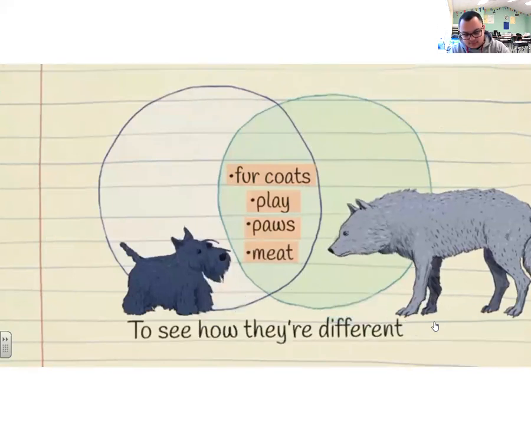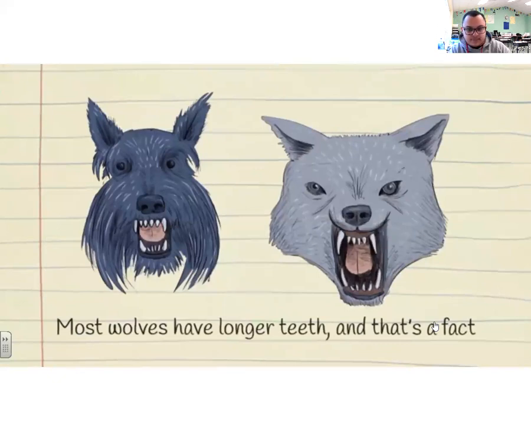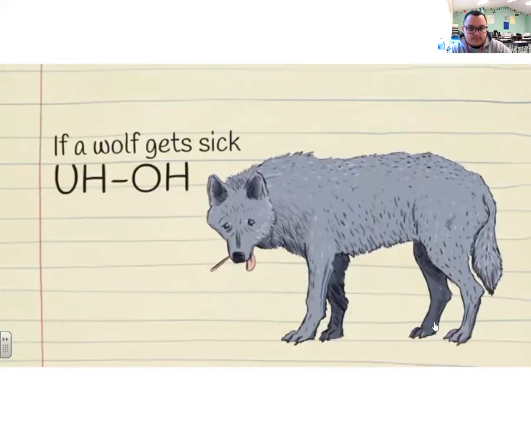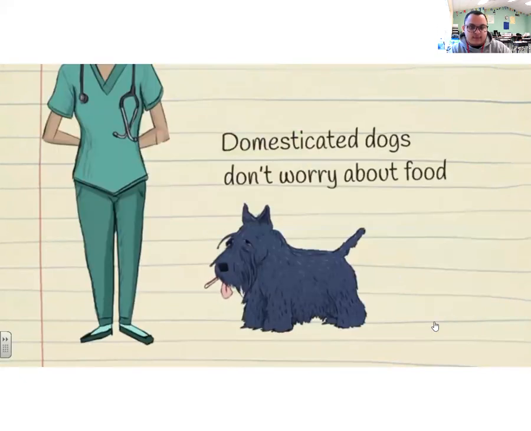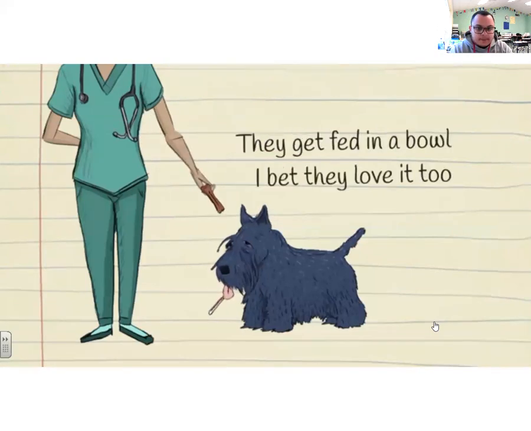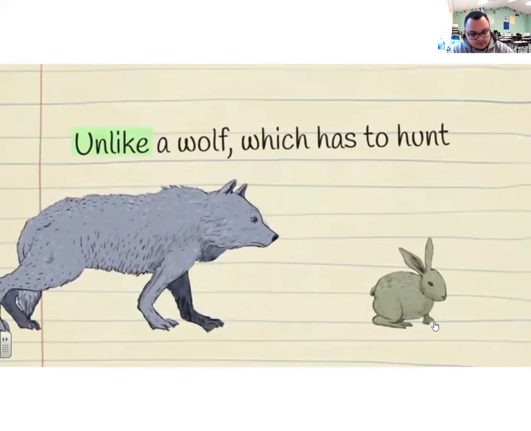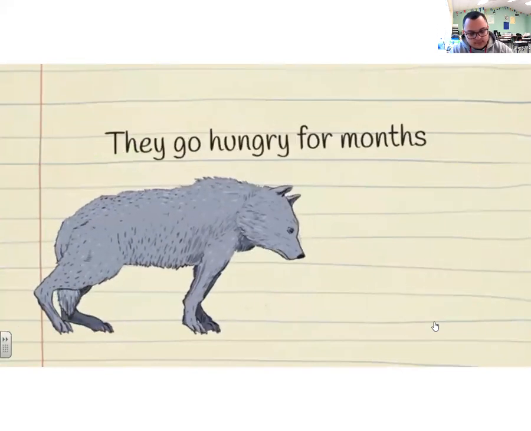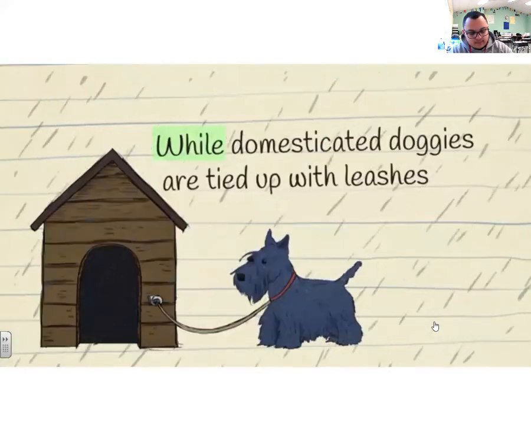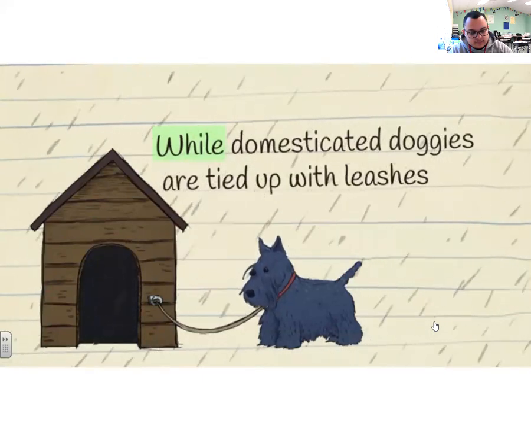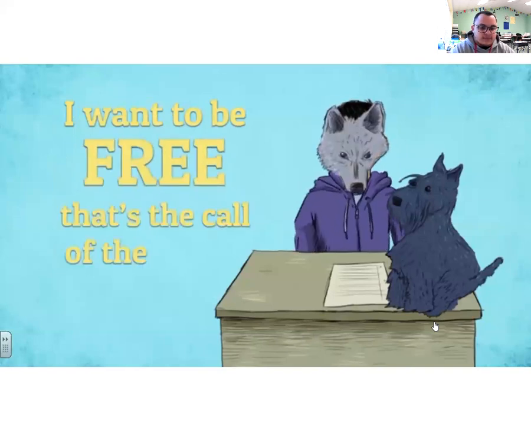Can you tell? To see how they're different, let's contrast. Most wolves have longer teeth, and that's a fact. If a wolf gets sick, there's no medicine. In contrast, pests go to the vet. They let them in. Domesticated dogs don't worry about food. They get fed in the bowl. I bet they love it too. Unlike a wolf, which has to hunt, and if it can't find much food, they go hungry for months. A wolf can run free, do anything it pleases, while domesticated doggies are tied up with leashes. So while I might like to be a pet dog for a while, I want to be free. That's the call of the wild.